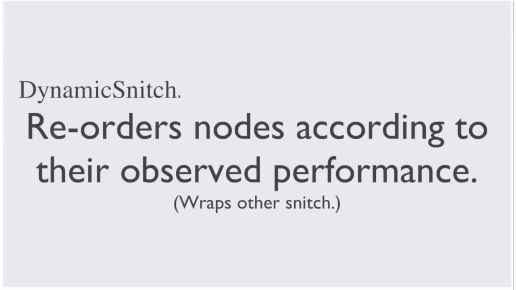The dynamic snitch gives an idea of what it means to be a peer-to-peer system. The node is developing a view of the rest of the cluster on its own from its perspective, and it's using that information to make decisions without consulting with other nodes or some sort of master server. And we'll see later on that we also have this idea of gossip, which takes this to the next level.